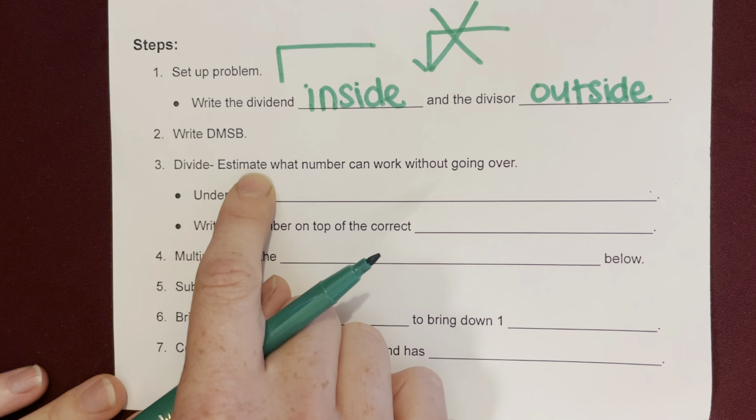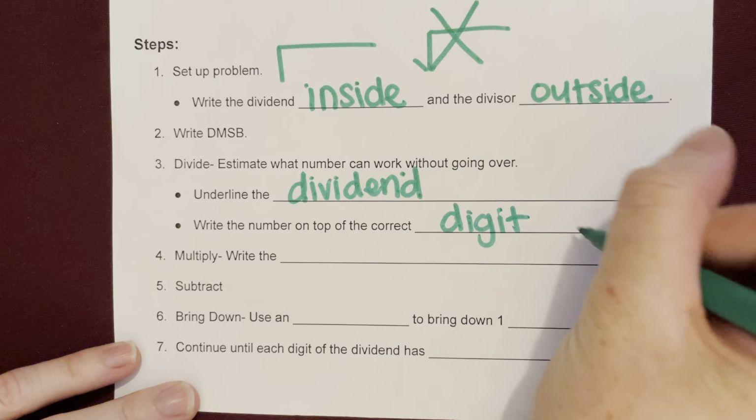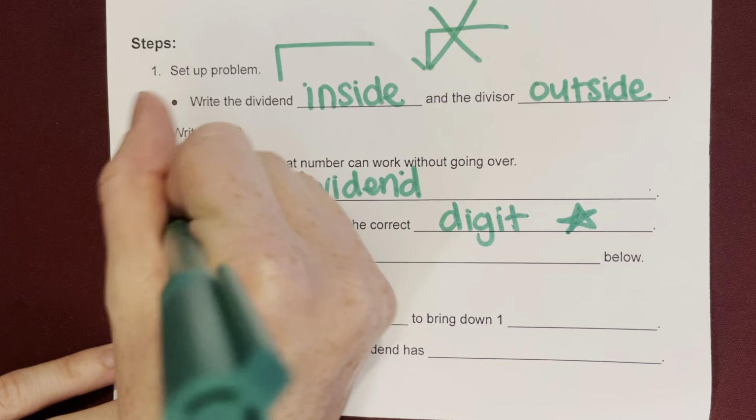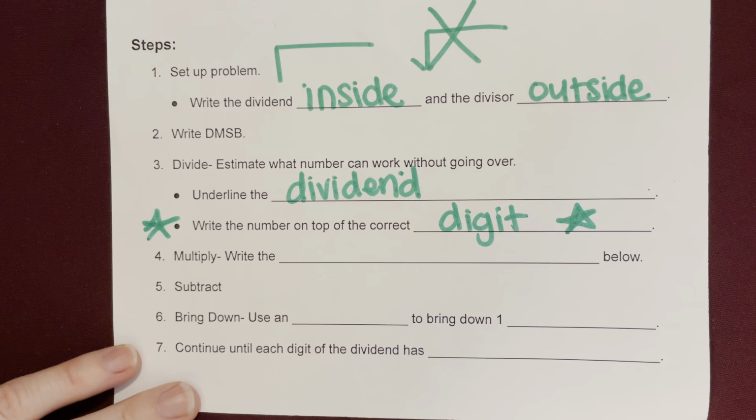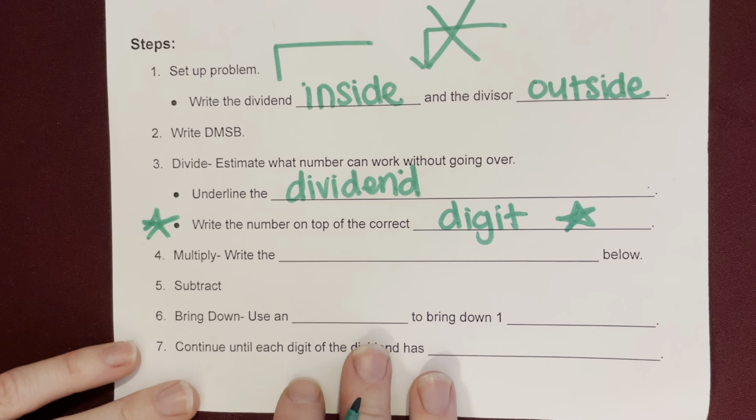And then you're going to write the number on top of the correct digit. This step is super duperly important. Write it on top of the correct digit. You need to get super neat when you're doing your math. Because if you get sloppy and it's not on top of the correct digit, you're going to get confused.